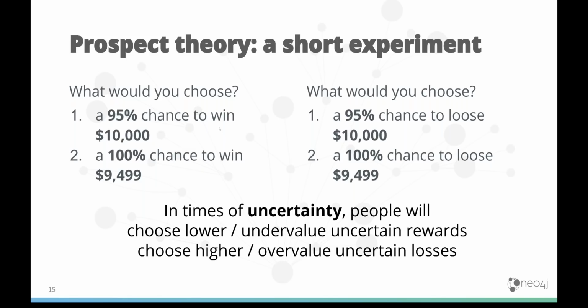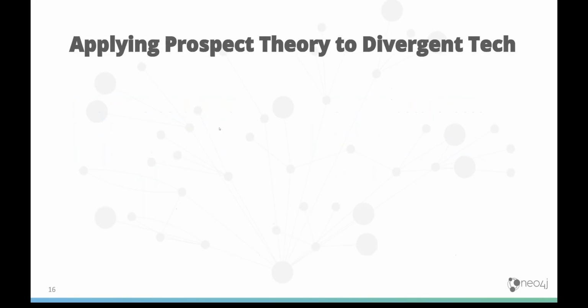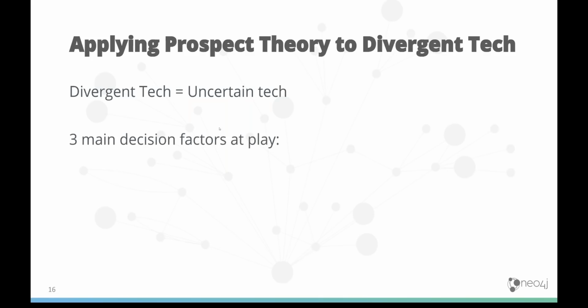Why is that important? Well, if you go to the next slide, Scott, when we apply prospect theory to divergent technology, we're going to be looking at two sides of an equation. Roughly speaking, and I'm simplifying here, at three decision factors.